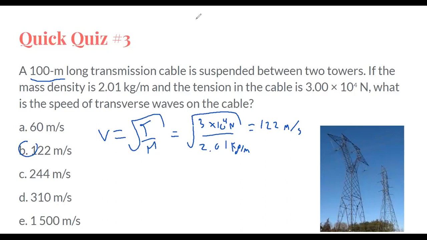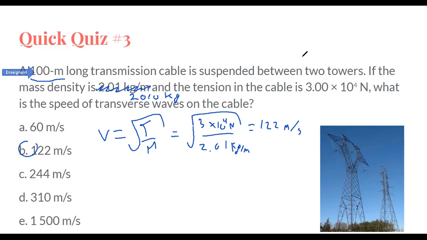Now, what I was saying earlier about the distance, how long the cable is: some questions might not tell you the linear mass density. They might just tell you that the cable weighs, like, I don't know, 2010 kilograms, the whole cable.